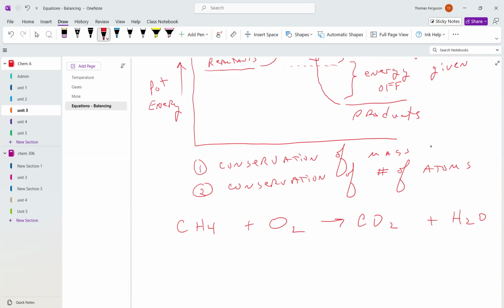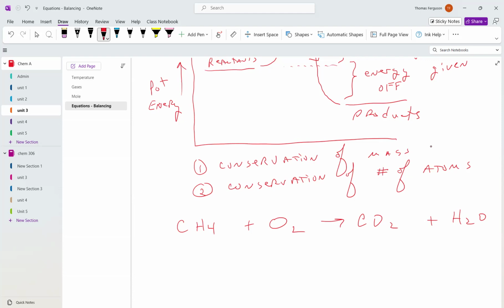We don't know what mass we're starting with or ending with. But number 2, conservation of the number of atoms. What are the 3 atoms we have in that reaction? Carbon, hydrogen, oxygen, right? So the number of carbons has to be the same as what you start with, what you end with. Hydrogen, hydrogen, oxygen, oxygen. That's what I mean by the conservation of the number of atoms.